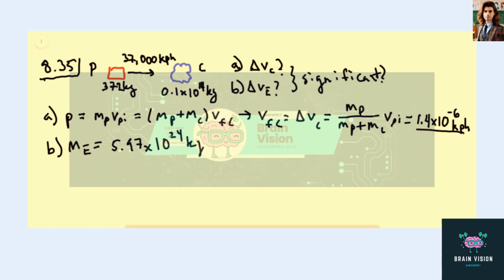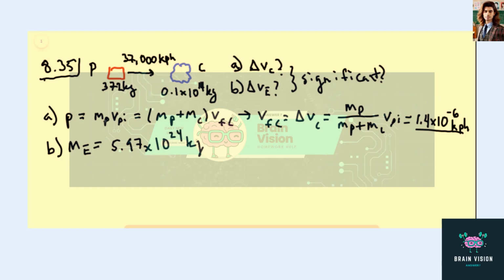Now notice again, the mass of the comet is about 10 to the 13th kilograms, and here we have 6-ish times 10 to the 24th. So this is again like a 10, 11 order of magnitude difference. So we're going to probably expect a similar thing to occur where the speed change is going to be negligible. But of course we have to actually find out if that's the case. And certainly if we want an actual number, just talking about it intuitively isn't going to get us there.